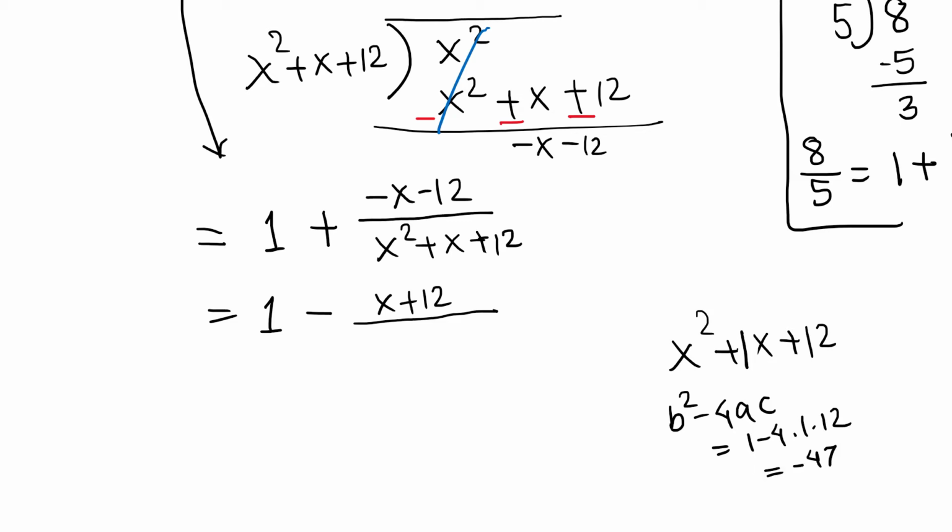When this is a negative number, this quadratic polynomial does not factor. If it is 0 or positive, it may factor. But if it's less than 0, it definitely does not factor. So it doesn't factor, then stop there, done. x squared plus x plus 12, we cannot do any more. That's it.